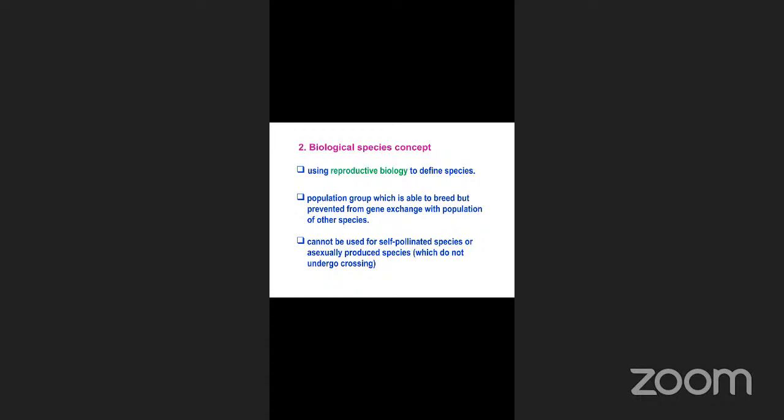In this biological species concept, some self-pollinated or asexually reproduced species do not undergo crossing. Crossing means exchange of genetic material.